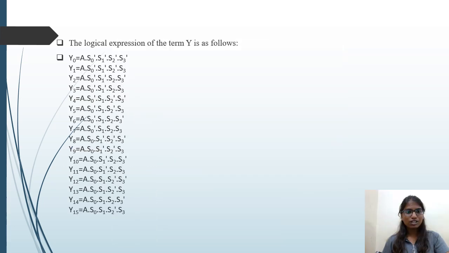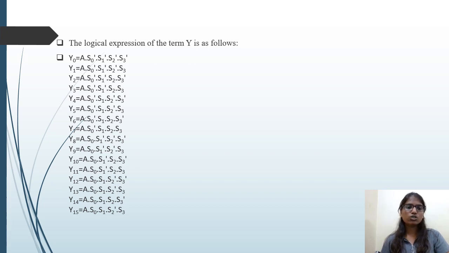So next, the logical expression of the 1 is to 16 demultiplexer: for Y0 we'll get A, S0 bar, S1 bar, S2 bar, S3 bar. Y1 is equal to A into S0 bar, S1 bar, S2 bar and S3. Y2 is equal to A into S0 bar, S1 bar, S2, S3 bar.